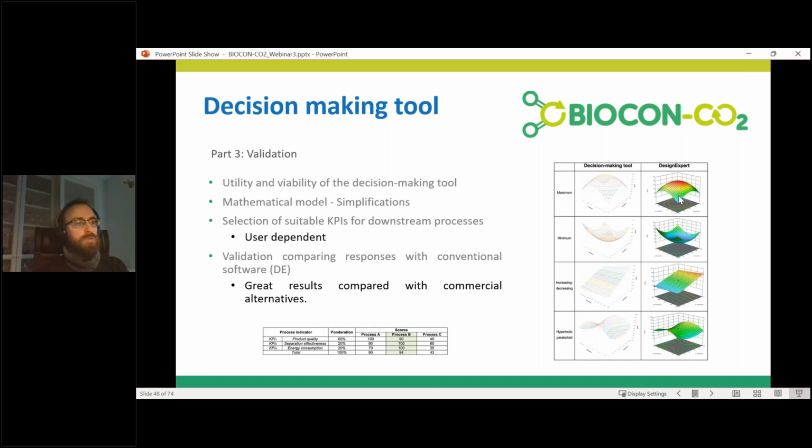Here on this image on the right is the Design Expert, Windows version 12. And on the left, you can see what the surface response looks like with our tool. The scale is not exactly the same, so you may see that some of them are a bit larger than the others, but at the end, the numbers are exactly the same. So we were quite happy to prove that we have come up with a tool that works for these kind of systems.